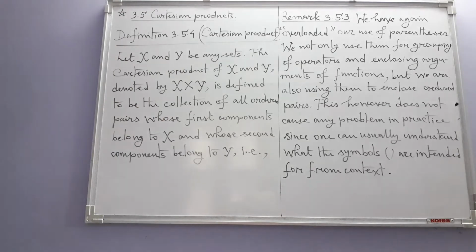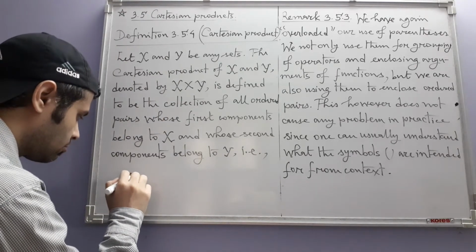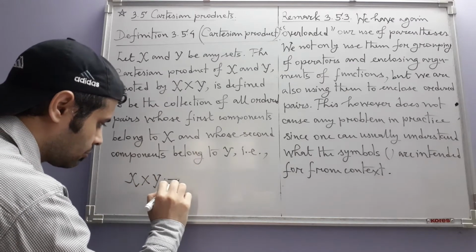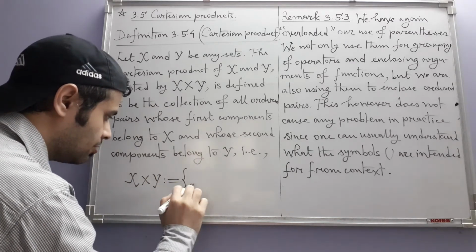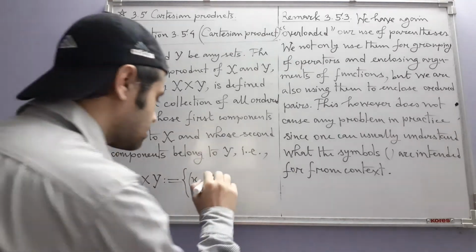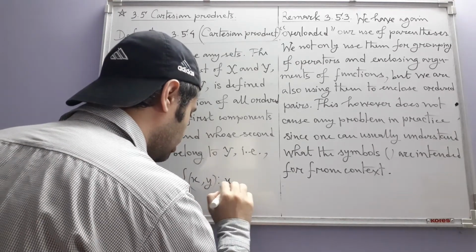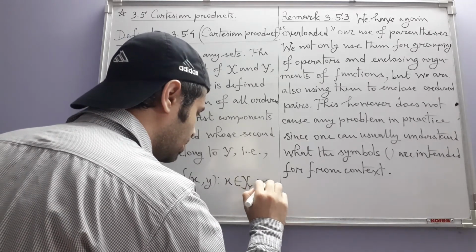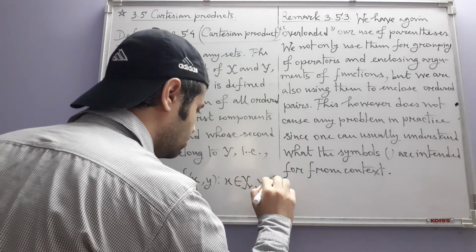That is, x cross y is defined to be the set of all ordered pairs (x, y) such that x belongs to X and y belongs to Y.